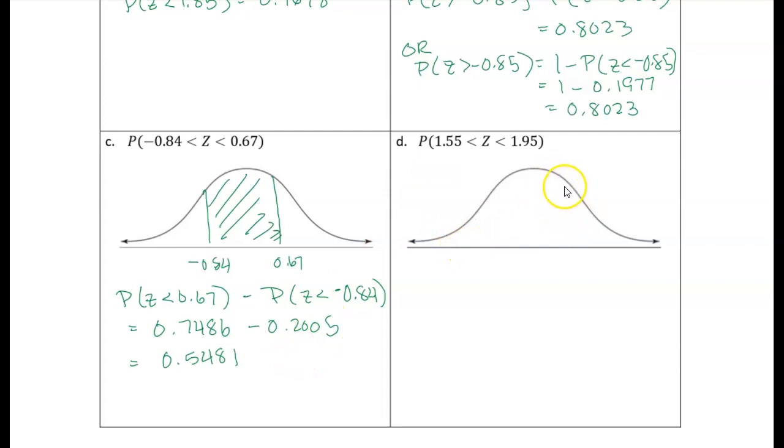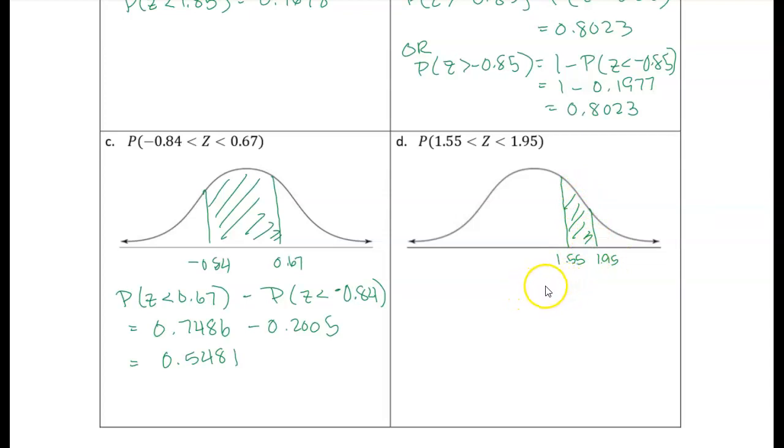All right, let's do one more. We want to know the probability that the z-score is between 1.55, let's say about here, and 1.95. We're just looking for that area. Eventually, you're not going to need to graph these every time.